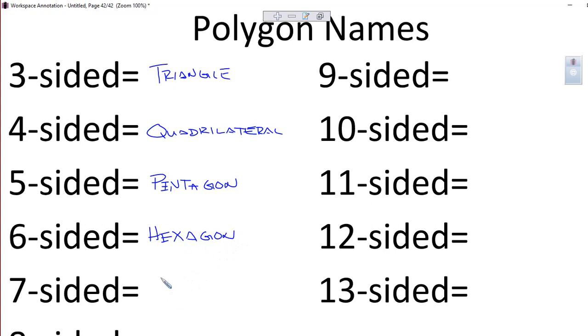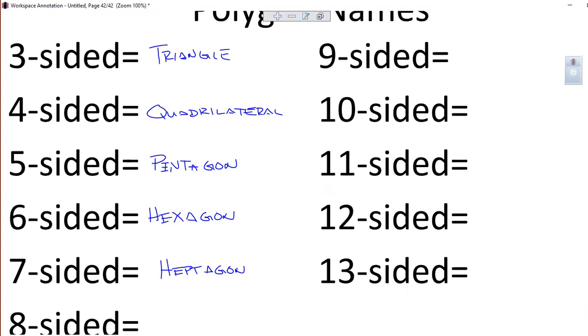Seven-sided, this is one you probably haven't used very much or heard of, is a heptagon. Eight-sided is an octagon. The nine-sided is a nonagon. The 10-sided is a decagon.